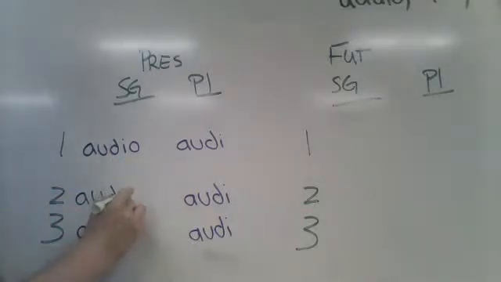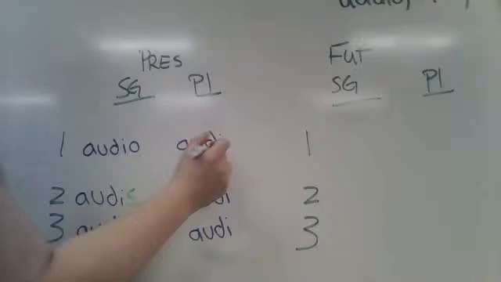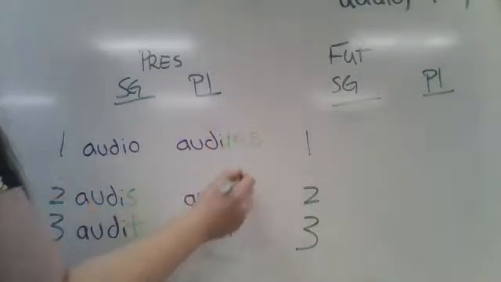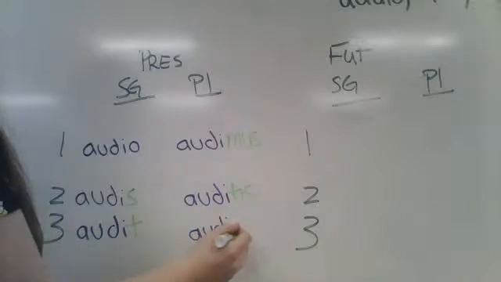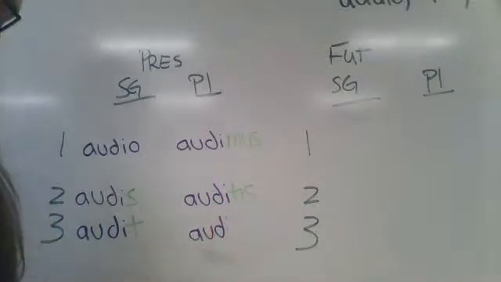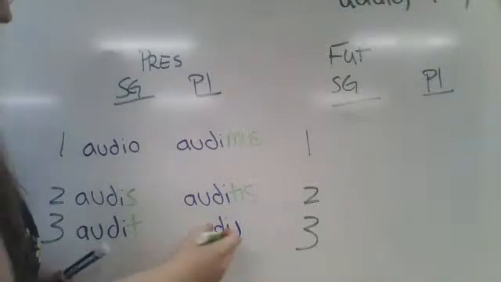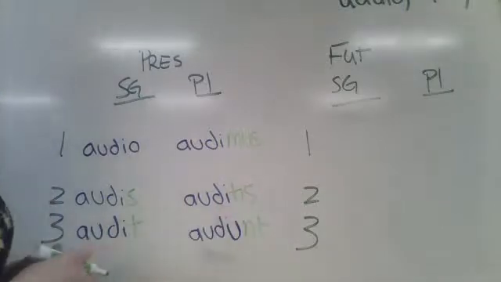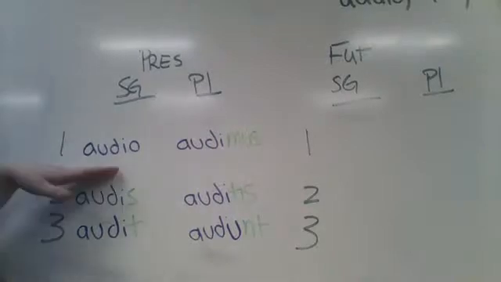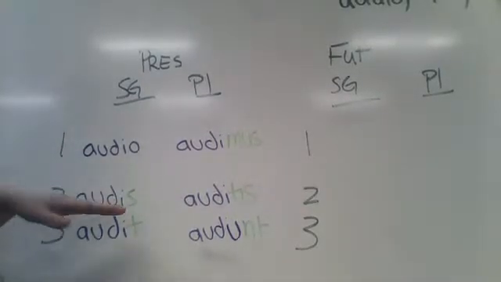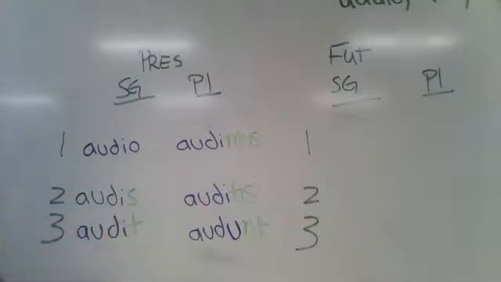So O, S, T, MUS, TIS, and NT. So there we have present tense. So we just say what we normally do for present tense. We plugged in the first one, we got our stem, and we added our personal endings.